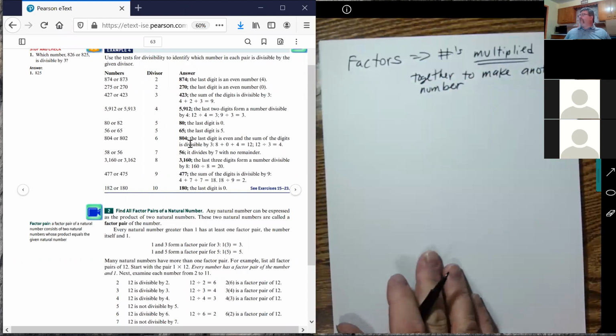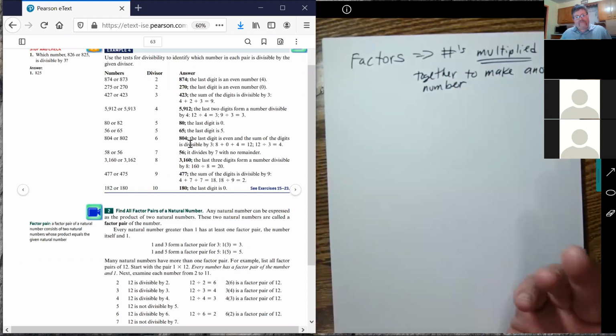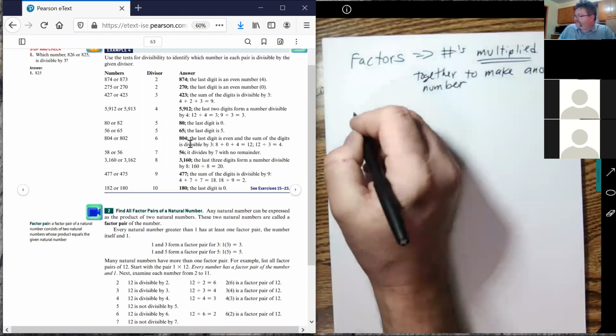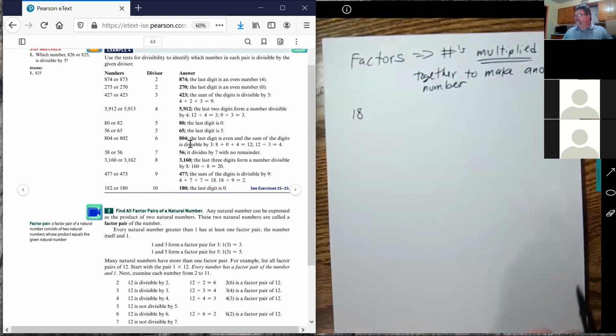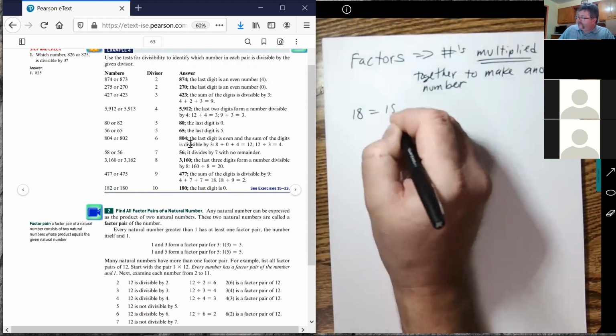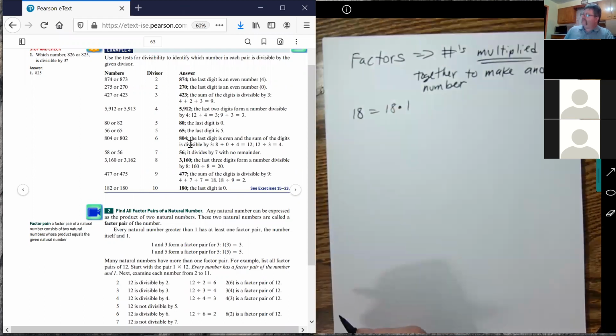Okay, well, what does that mean? Well, if I say tell me the factors of 18, I'm asking you, what two numbers can I multiply together and get 18? Okay, whole numbers, natural numbers now. Well, there's more than one possibility. 18 times 1 is 18, right?